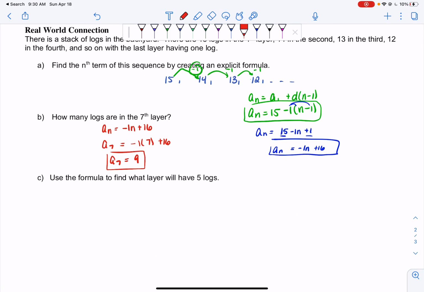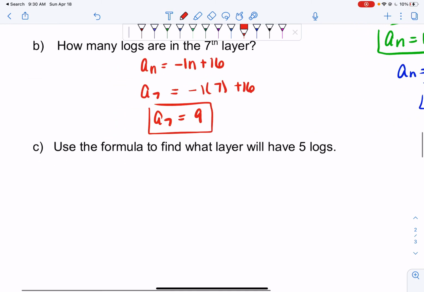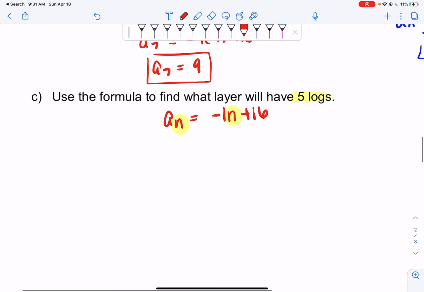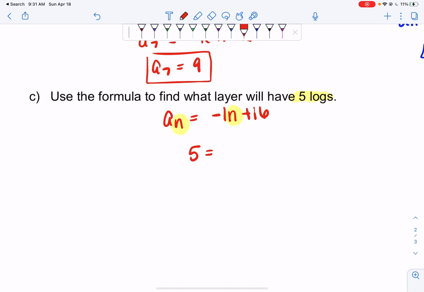Now, part C says use the formula to find which layer will have 5 logs. So I know a sub n equals -1n plus 16. And what I really want to do is solve for n. So we know that we want to have 5 logs. So we're going to do 5 equals -1n plus 16.